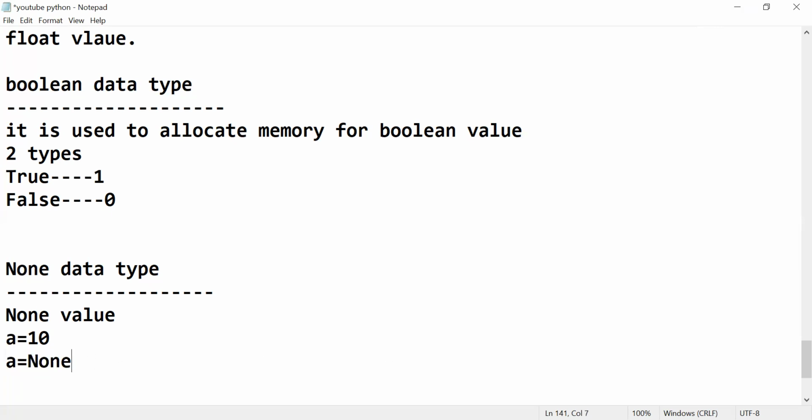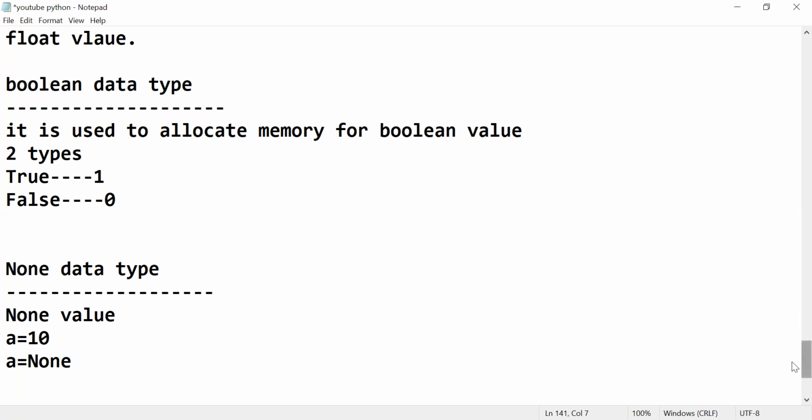I will execute and show you. A equal to none, type of a. Type of a is NoneType, guys. I hope you understand what the none data type is.